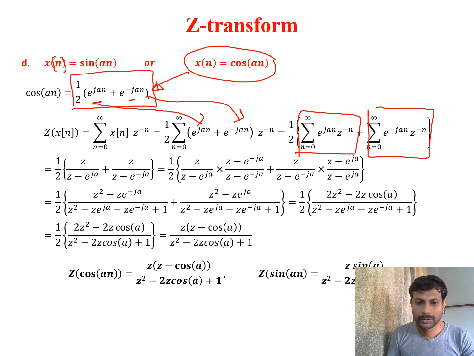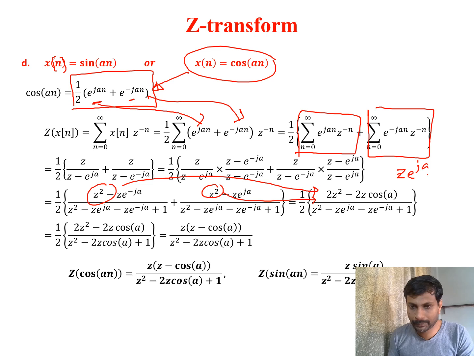On simplification, the ultimate term obtained will be 2z square minus z e to the power j a minus z e to the power minus j a.